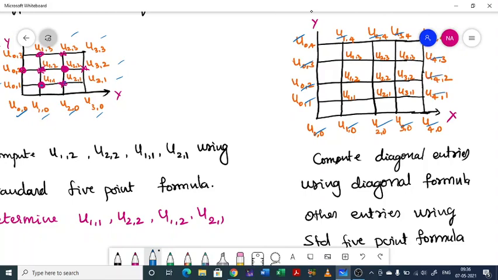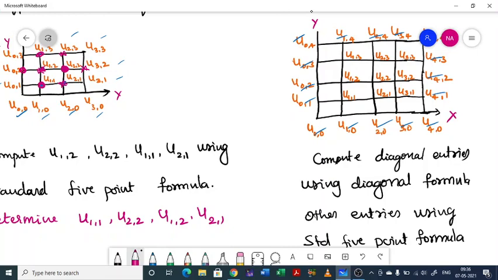You are supposed to find these values u1,1, 2,1, 3,1, 3,2, 3,3, 2,3, 1,3, 1,2, and 2,2. So totally these 9 entries you have to determine. The procedure to determine these 9 entries is as follows.